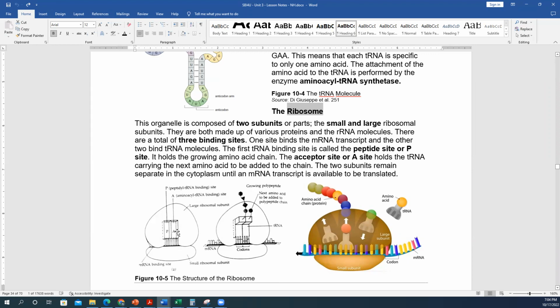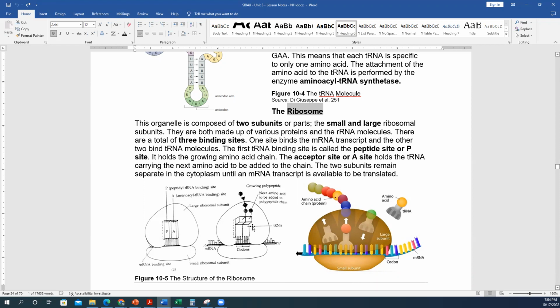And the second site is known as the A site, or the amino acid tRNA binding site. Sometimes A is also for the acceptor site. And the acceptor site holds the tRNA that is bringing the next amino acid that's in line, that needs to be added to that growing chain.